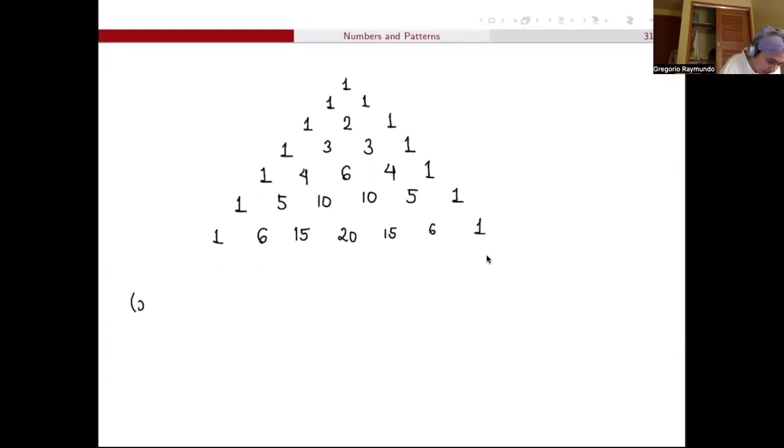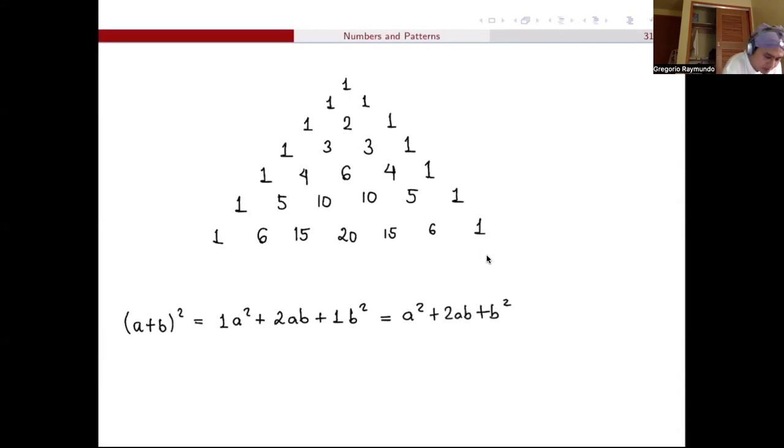Halimbawa, we have a plus b squared. We have 1a squared plus 2ab plus 1b squared. Ito yon. Ano yung a plus b cube?